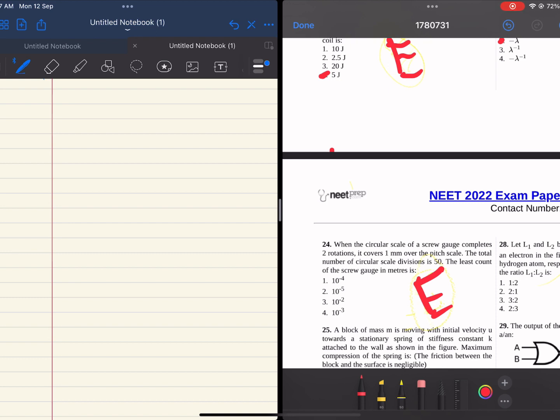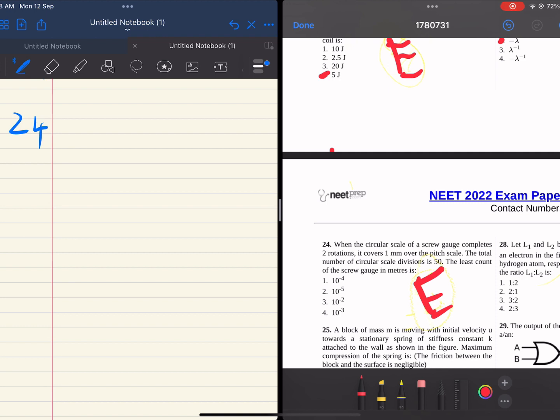The 24th one: the circular scale of a screw gauge completes 2 rotations and covers 1 millimeter of the pitch scale. Total number of circular divisions is 50.